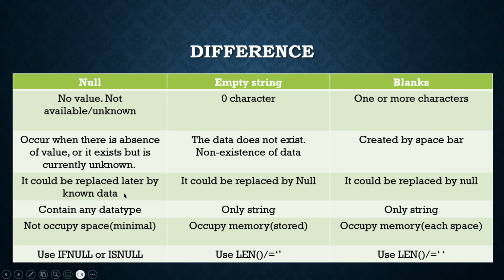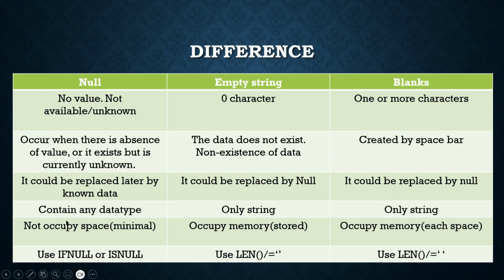Currently we don't know the data, but further we can replace it. Whereas an empty string could be replaced by null. So when we are handling the empty string, we can convert the empty string into null values. The same for blank values, they could be replaced by null. In the later part of the video, we are going to see how to handle this.